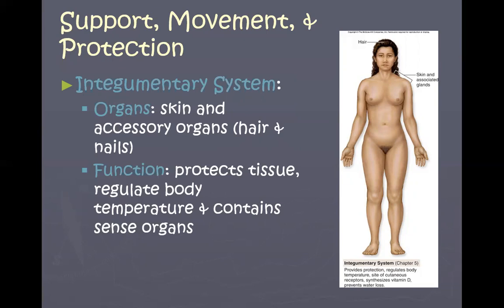What does exo mean? Out. Crin or crine means to secrete. You should know that you have a system called the endocrine system. What does endo mean? Inside. Well, this integumentary system has glands called exocrine glands.